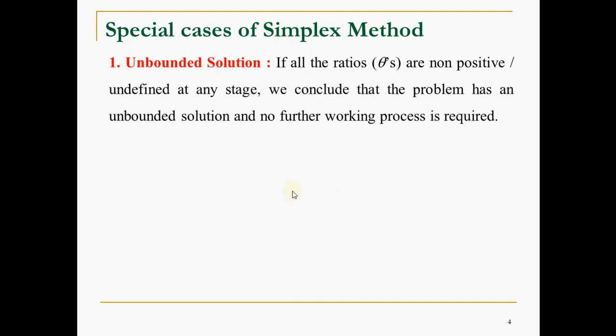Coming to the unbounded solution, if all the ratios, that is thetas, are non-positive or undefined at any stage, we conclude that the problem has an unbounded solution and no further working process is required.